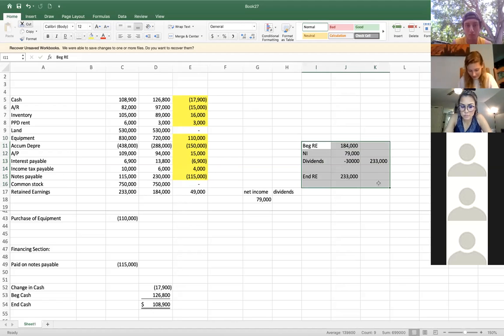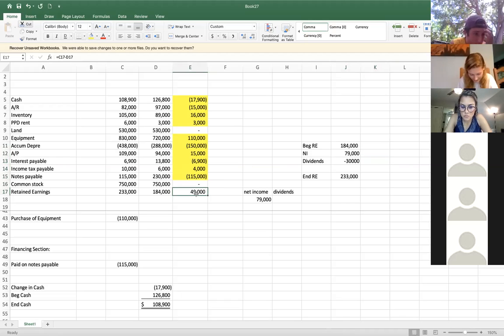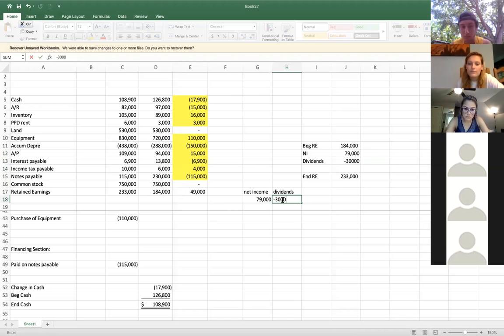So now let's apply what we learned. Now I know that the net change of retained earnings was 49,000, but I know that it was from an increase of net income of 79,000 and a decrease from dividends of 30,000.